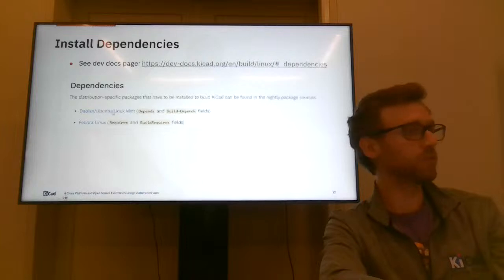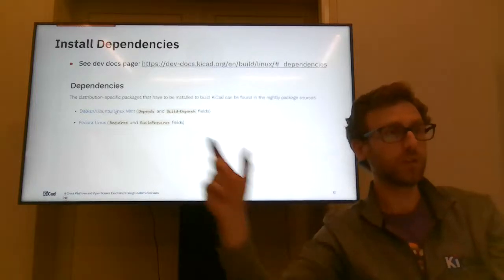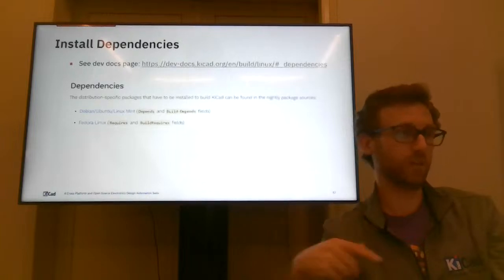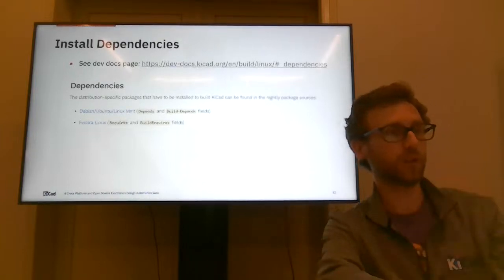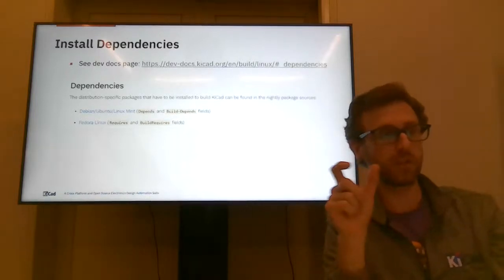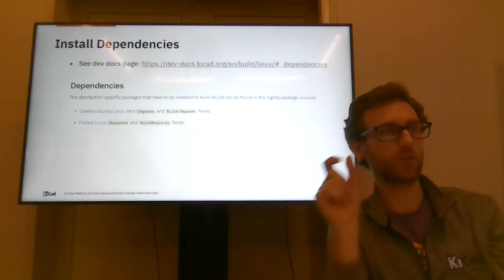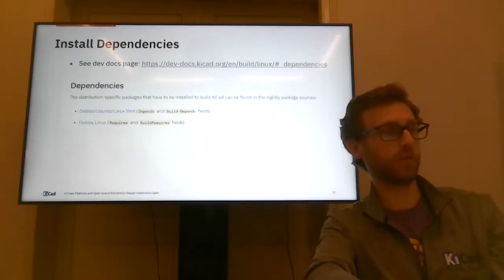So for Debian Ubuntu Linux, if you click that link, it'll take you to the repository where we keep the script for the KiCad package that is built for Linux. And there are two fields that you'll see in there, one that says depends, another one build depends. And those are the packages you'll need for building KiCad.